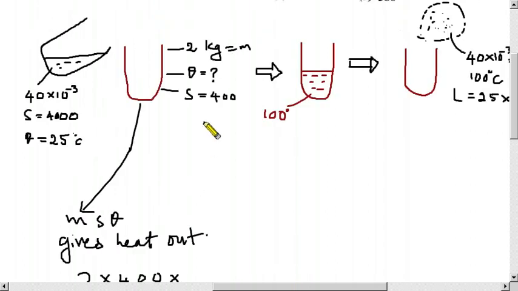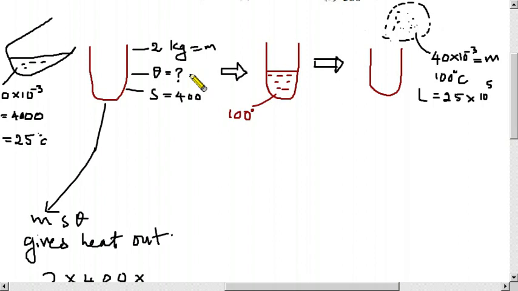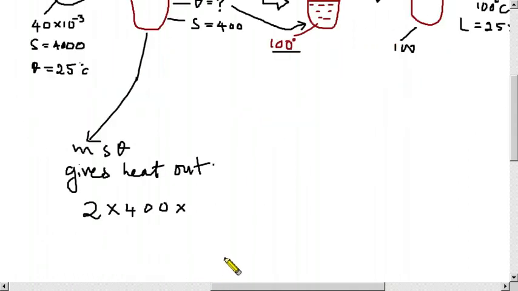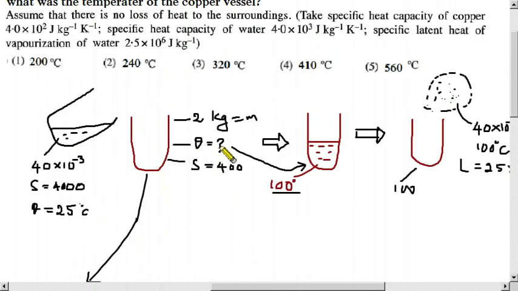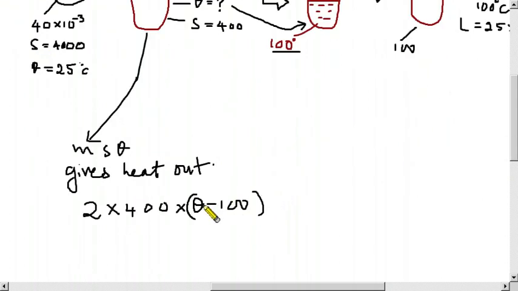This theta is a higher value, and it converts down to 100. Here also 100, because beyond that it can't go. Since there is water, it can't go beyond 100. So here theta minus 100, because the higher temperature is theta, minus 100 gives the change.